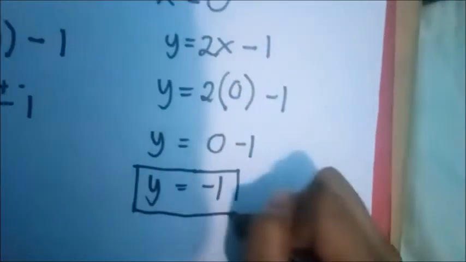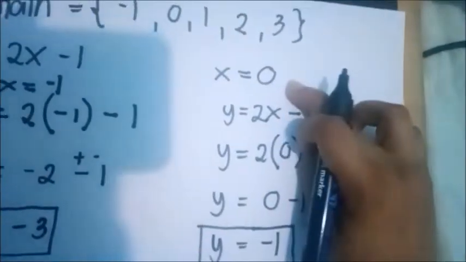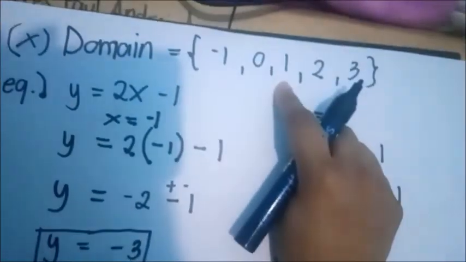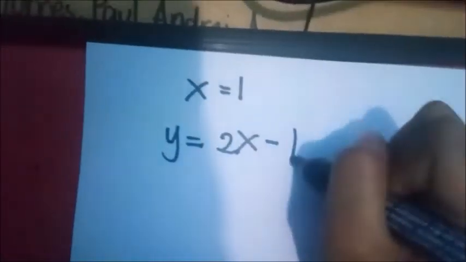So this will be the value of the range if the domain is 0. How about if it is 1? So the domain is equal to 1. Same equation, y is equal to 2x minus 1.